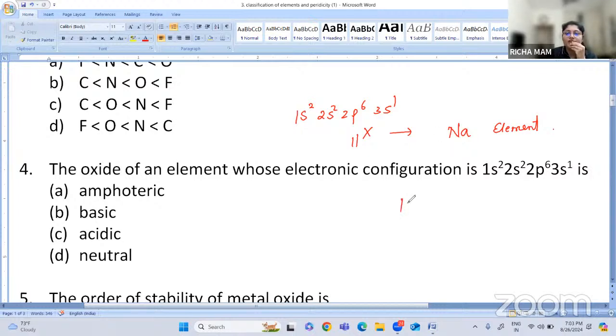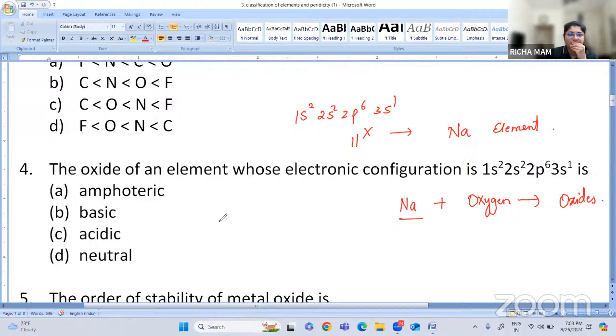Oxide means when the element sodium reacts with oxygen, it forms its corresponding oxide. When sodium reacts with the air or oxygen present, it forms the corresponding oxides.